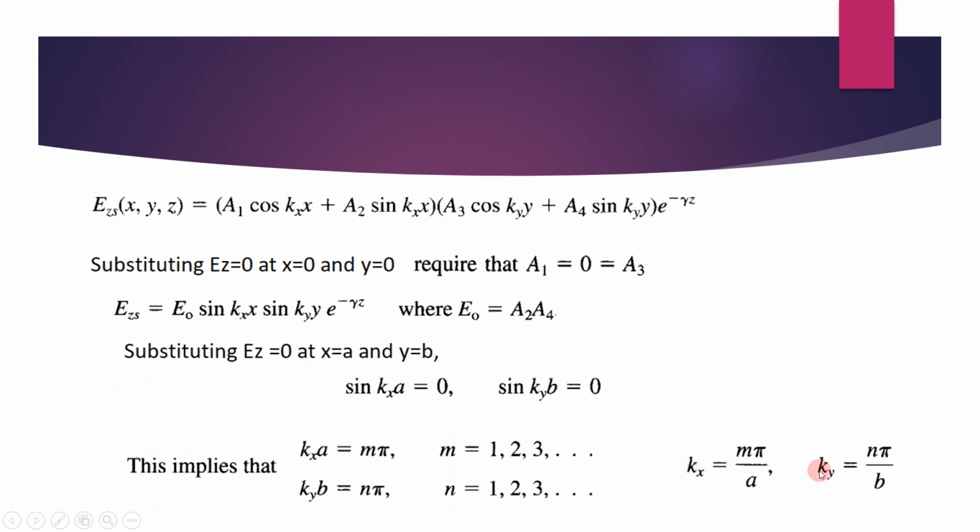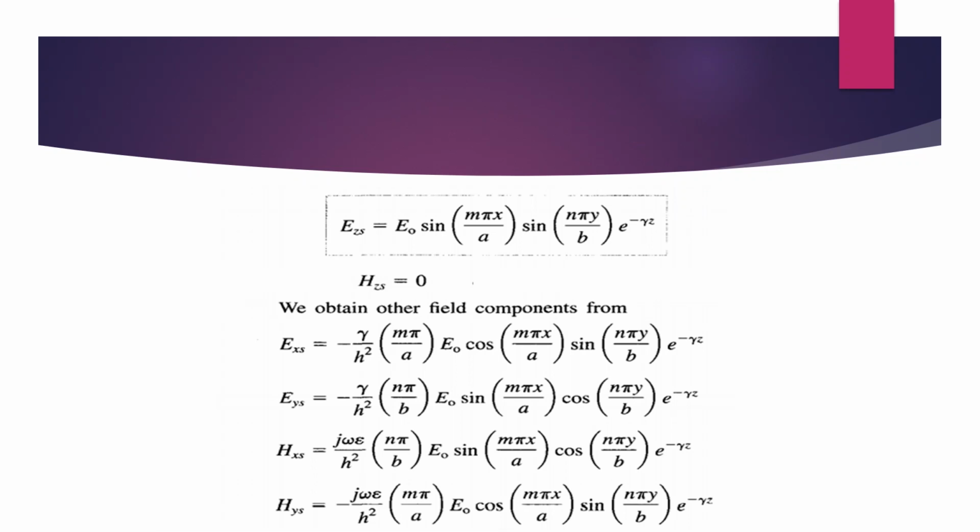Here a is the dimension of the rectangular waveguide along the x direction and b is the dimension along the y direction. So instead of kx x you write m pi by a into x, and similarly ky y you write as n pi by b into y.